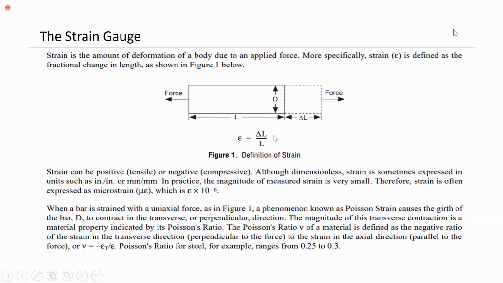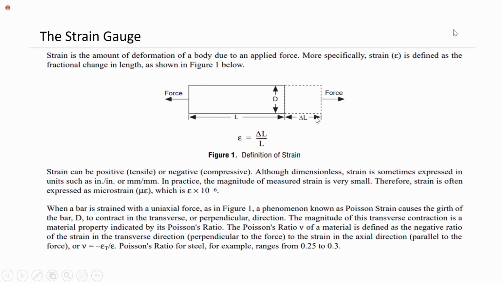So here we have the formula for the strain: delta L divided by L. This is the formula for strain. When a bar is strained with a uniaxial force, as in figure 1, a phenomenon known as Poisson's strain causes the girth of the bar to contract in the transverse direction.